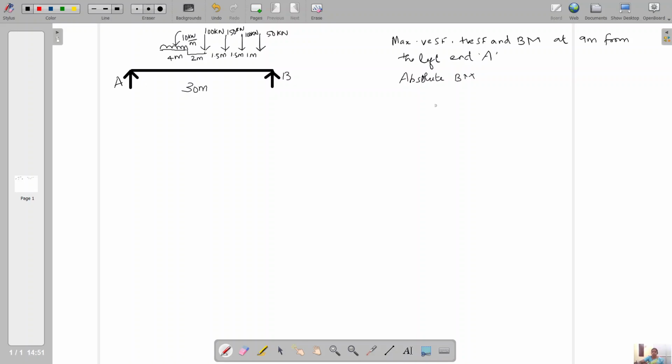For our convenience, we take these as W1, W2, W3 and W4, and the loading is W5. So totally 4 point loads and one UDL is there.